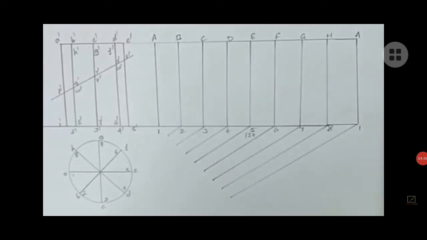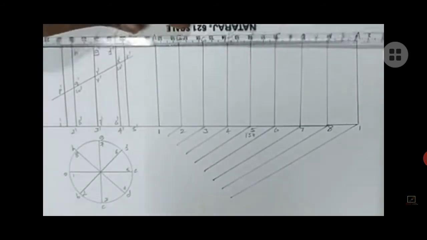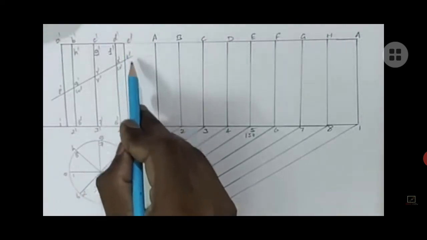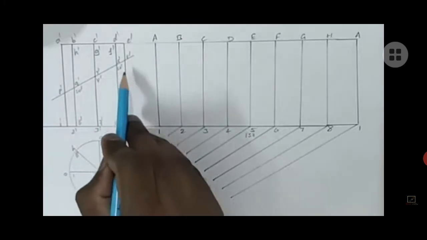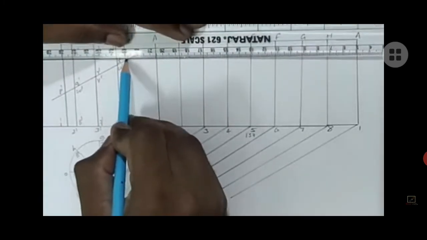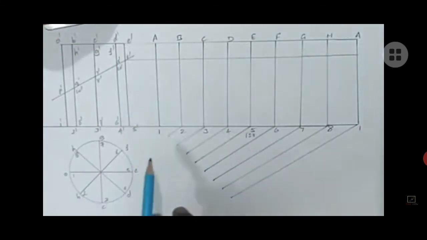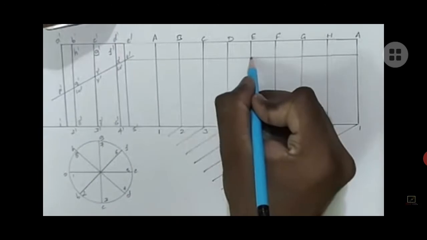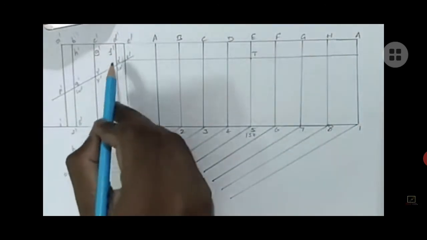To transfer the cut points, start with the help of a scale. Mark all points. Draw a parallel line first. So this is the T point. Similarly, the next points.